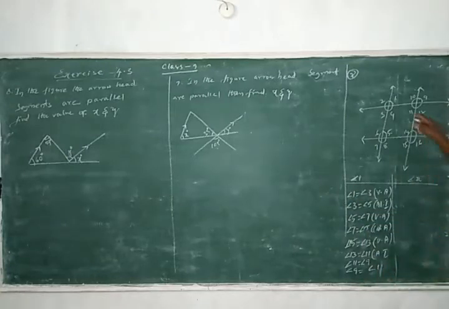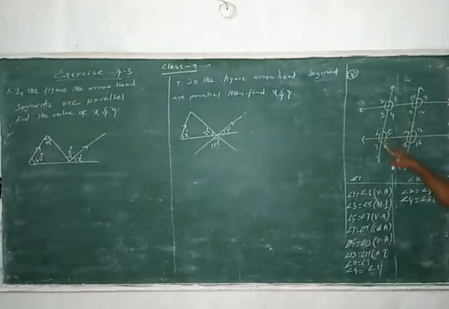In the same way, angle 2. Angle 2 is equal to angle 4, vertically opposite angles are equal. Next, angle 4 is equal to angle 6, alternate interior angles.